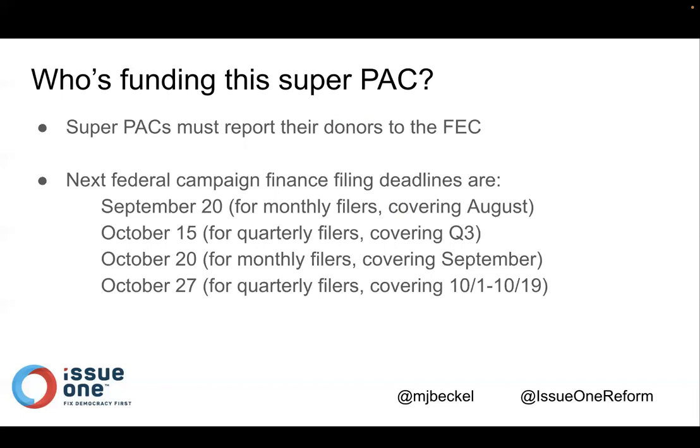So some of these groups might be monthly filers, in which case they will get to file a report on September 20th and again on October 20th. If they're a quarterly filer, they have to file a report covering the third quarter of this year on October 15th. And again, we'll have to file a pre-general election report that covers the first part of October with the FEC by October 27th.